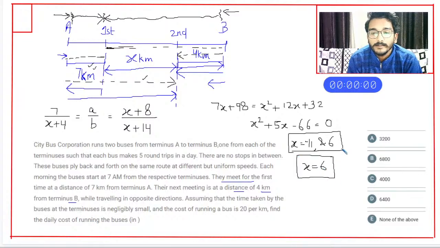So this is the distance between the two meeting points. Now, what is the distance that we have to find? So we can say the total distance is how much? 7 plus 6, 13 plus 4, 17. 17 is the total distance.